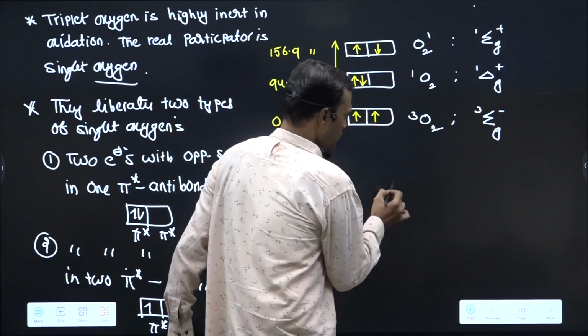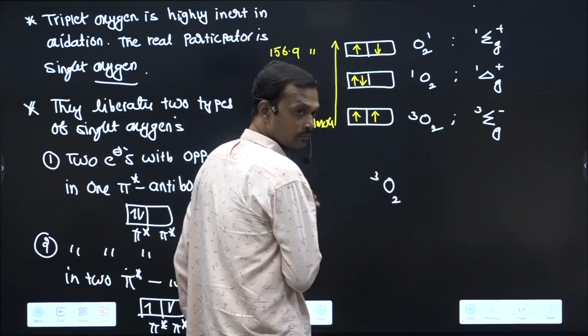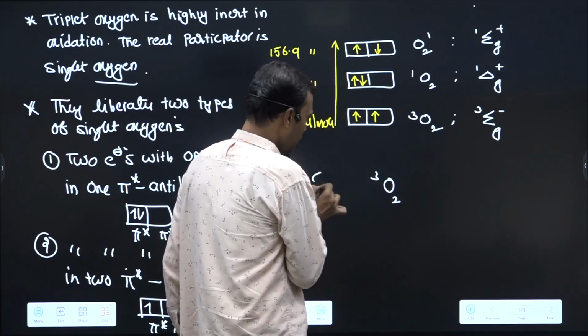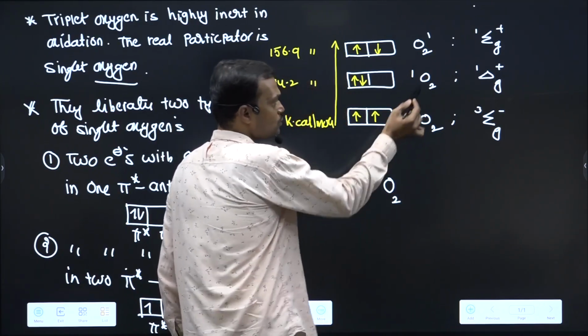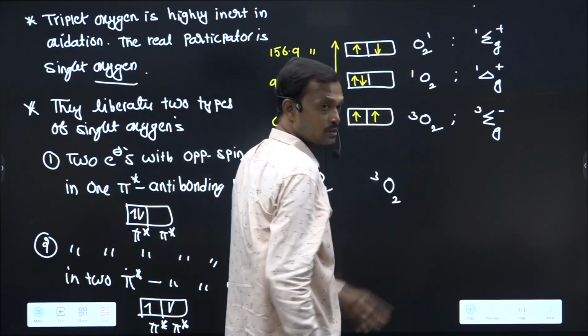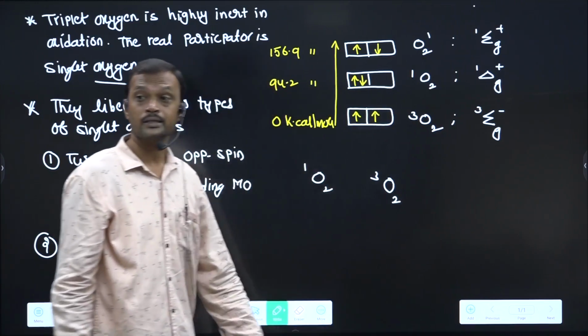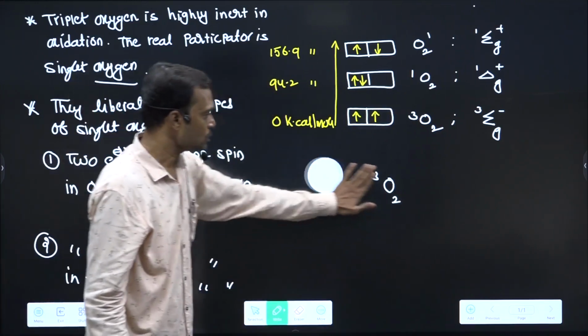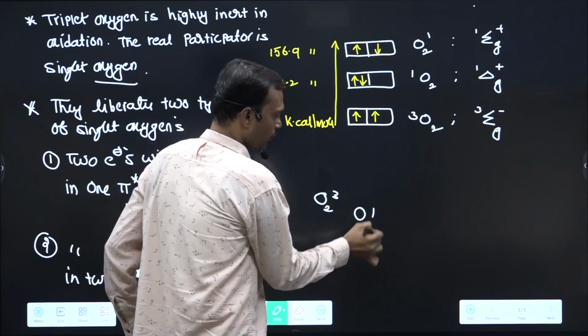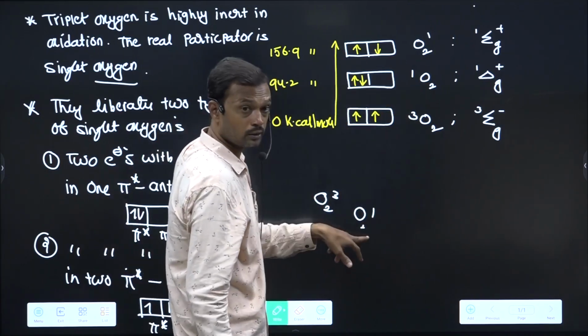Suppose if I write a triplet oxygen 3 and I want to write the corresponding singlets. If 3 is this, O2 1 means this one. 3 left side, 1 is also left side singlet. If 1 is right side, it means it is the second singlet. Suppose if I write the triplet like this, O2 3, then if I write O2 1, which one among these 2? This one?